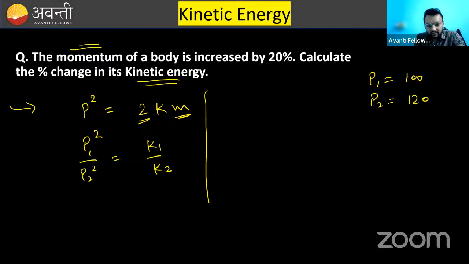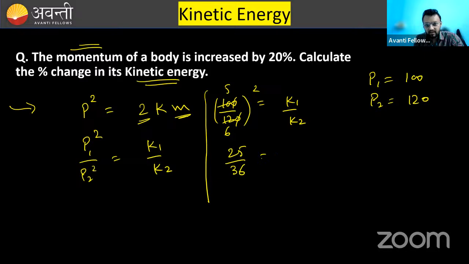So I can say (100 over 120) square is equal to K1 by K2. You can divide that, it becomes 5 and 6. If you square it, it will become 25 by 36, which is K1 by K2. This is again a standard method to solve such questions.